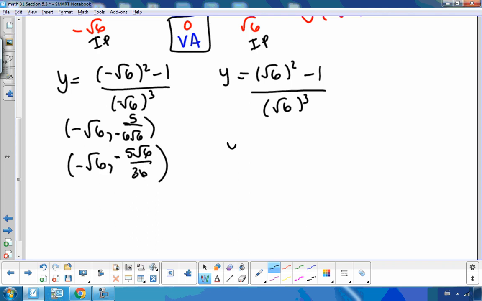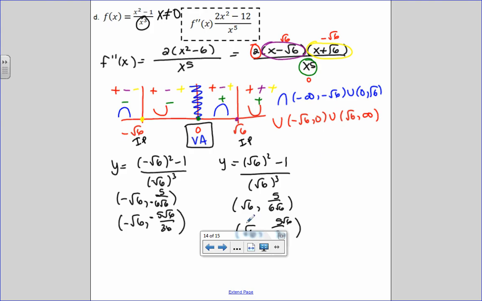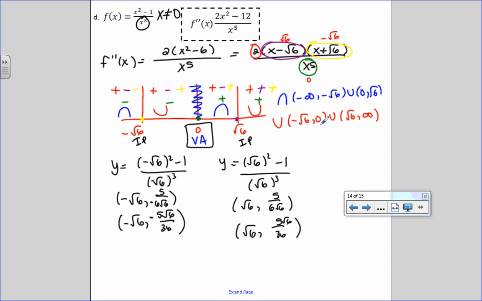So it's not the same, it's opposite sign. So this here is going to be positive root 6 and 5 over 6 root 6, which again I can rationalize to be 5 root 6 over 36. Okay, so looking at that all together, you can see my intervals of concavity and my inflection points.